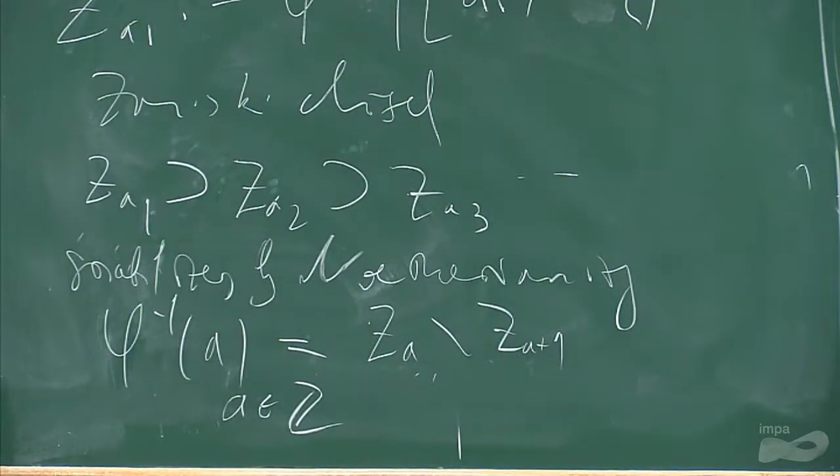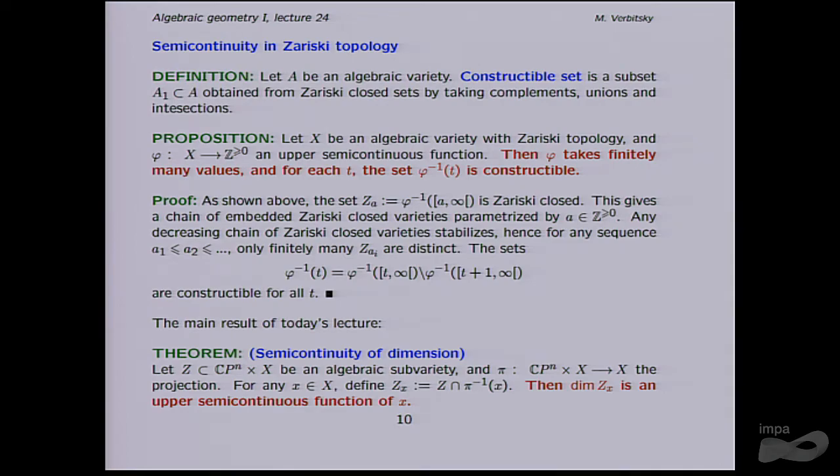For each point x inside X, you take the fiber, phi minus 1 of x is Y_x. This is a fiber of this element of this family or fiber of this fibration. And then the dimension of phi minus 1 of x, Y_x, is upper semi-continuous as a function of x.